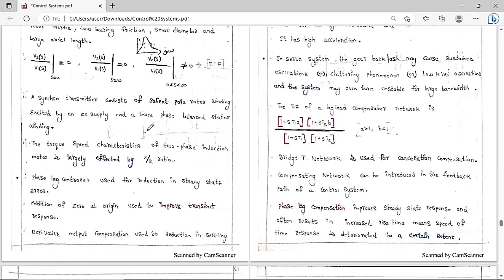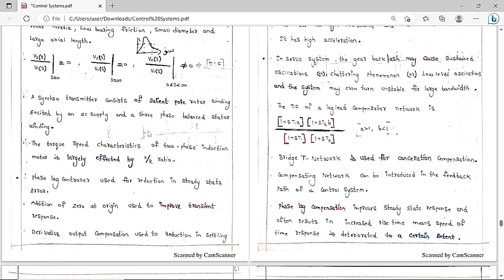So now the next point is, a synchro transmitter consists of a salient pole rotor winding excited by a single phase AC supply and a three-phase balanced stator winding. So what is a synchro transmitter?